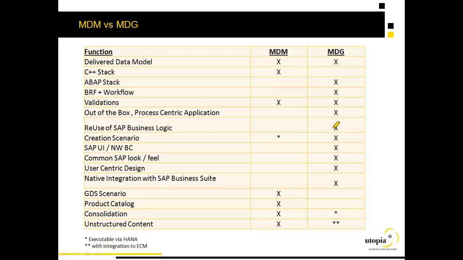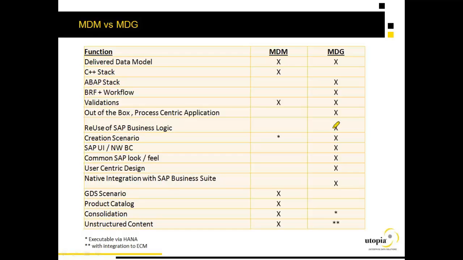But what SAP has done is bringing a significant amount of content to MDG as the next generation for greater appreciation of that scenario for data creation in MDG over MDM. The user interface in MDM, well, you could use the portal, you could use a Java page, you could use a front end.